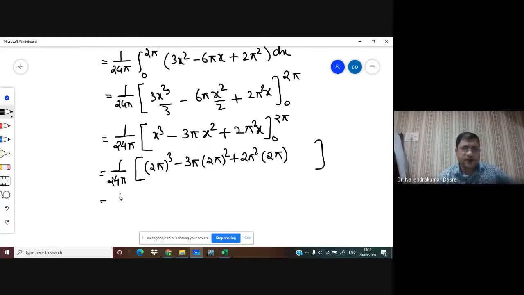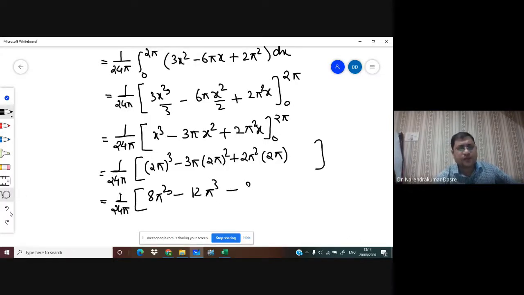So let us simplify this. 1 upon 24 pi. So it is 8 pi cube, then this will be 12 pi cube. So you have 2 pi bracket square, that will be 4 pi square into 3 pi, so it will be 12 pi cube. And then this will be plus 4 pi cube.